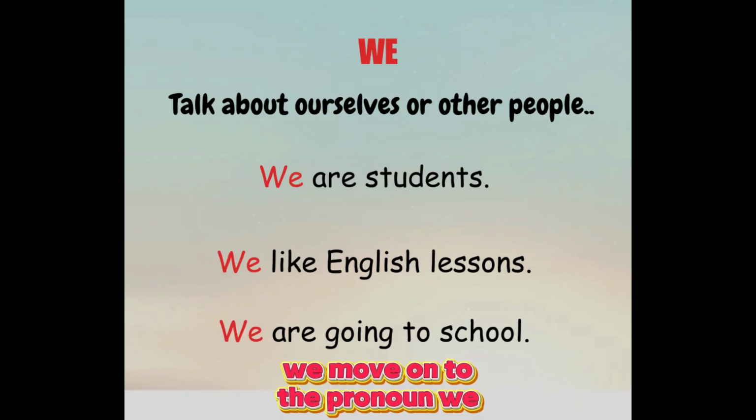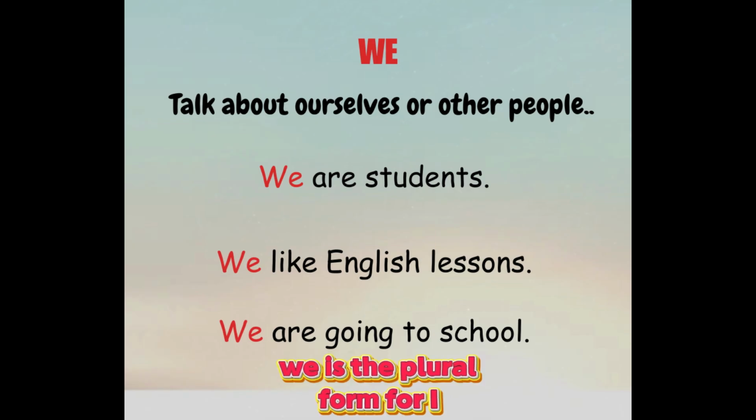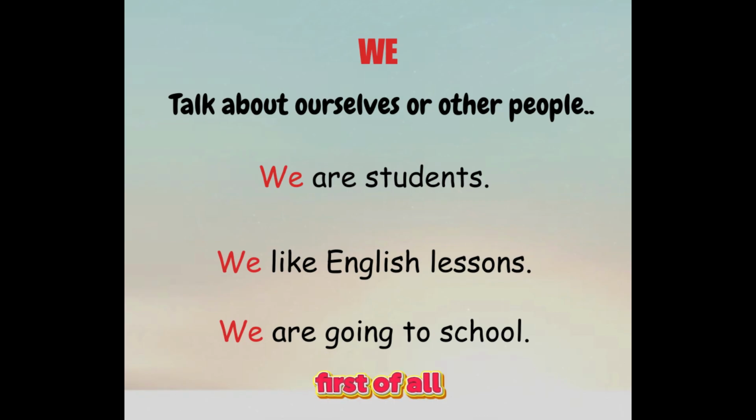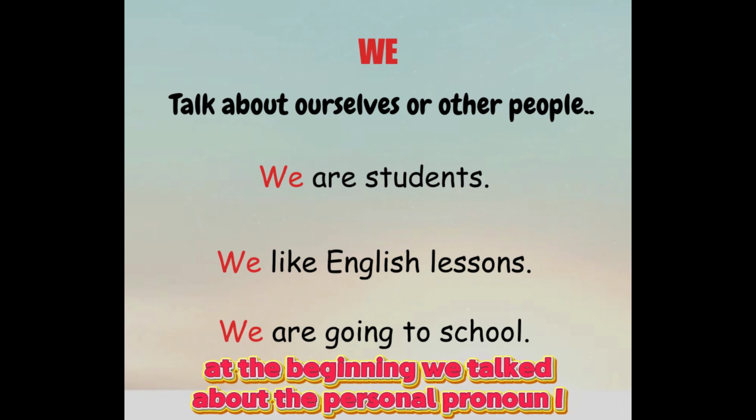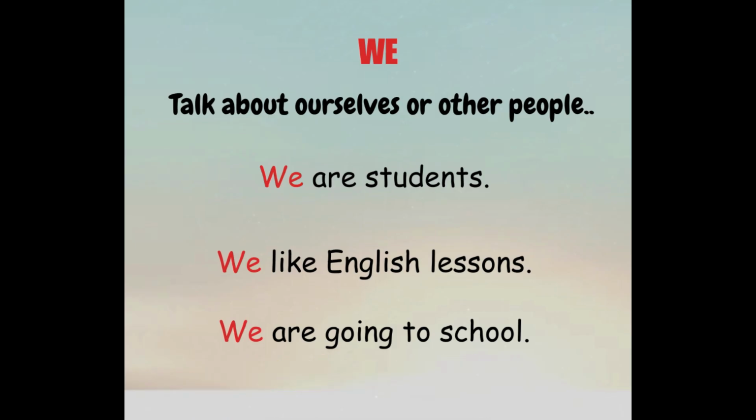We move on to the pronoun we. We is the plural form for I. First of all, at the beginning we talked about the personal pronoun I. So in the plural form, you use we.